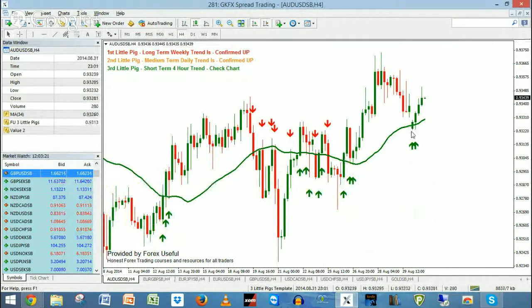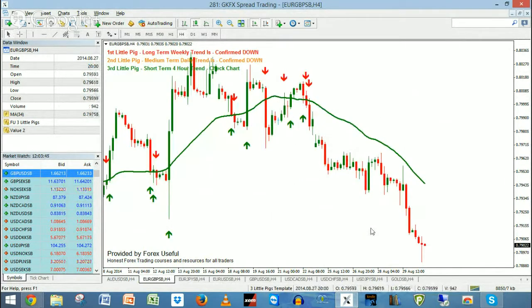I didn't get stopped out here because I've got a stop just below the moving average. So this was my last entry over here last Tuesday. And for those new to the system, there was a signal here first thing this morning, so you could have easily got in here had you not gotten in last Tuesday.